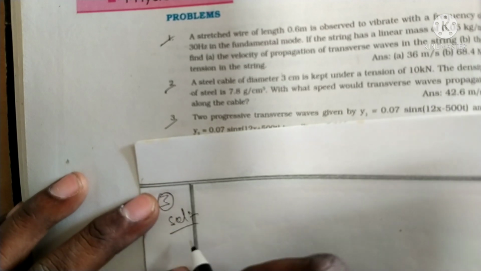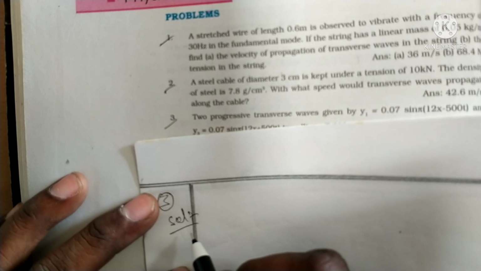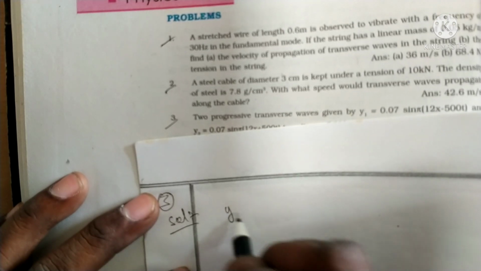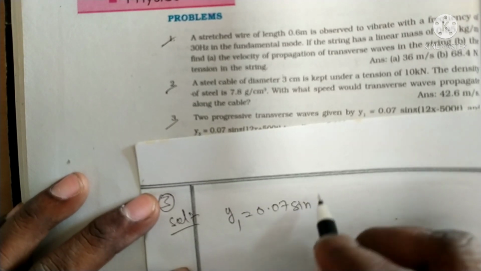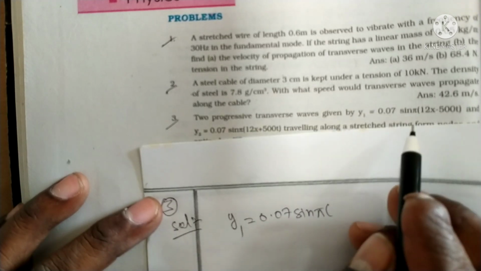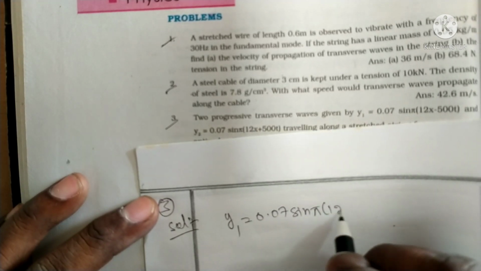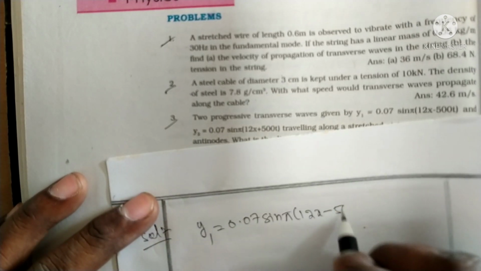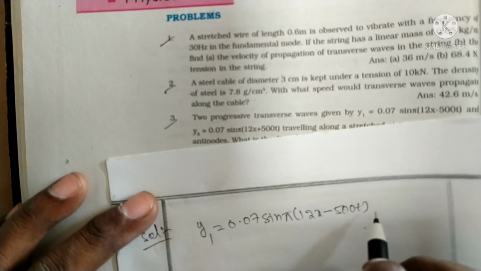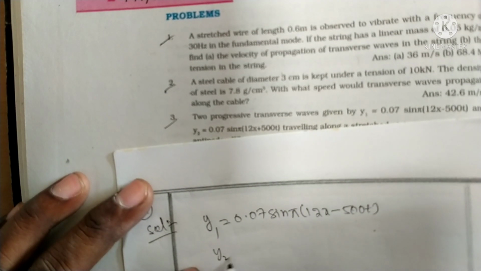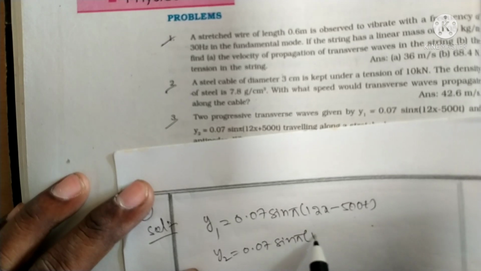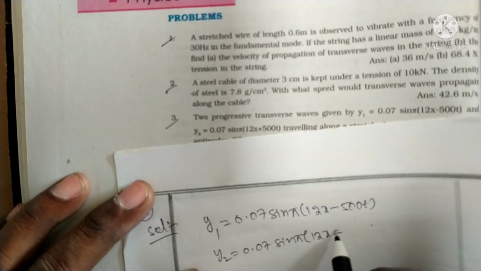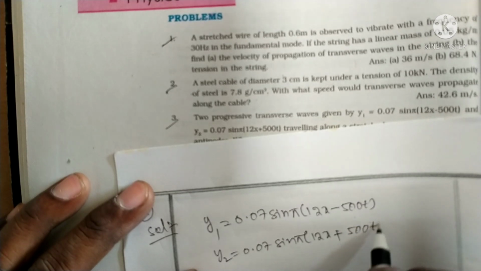Solution. You know the displacement wave equations. y1 is equal to 0.07 sin pi into (12x minus 500 t), and y2 is equal to 0.07 sin pi into (12x plus 500 t).